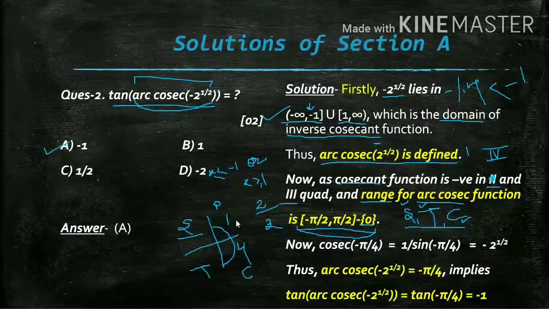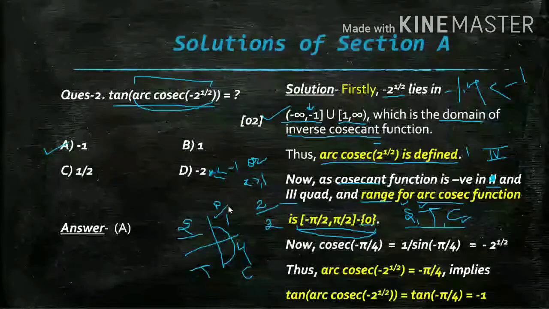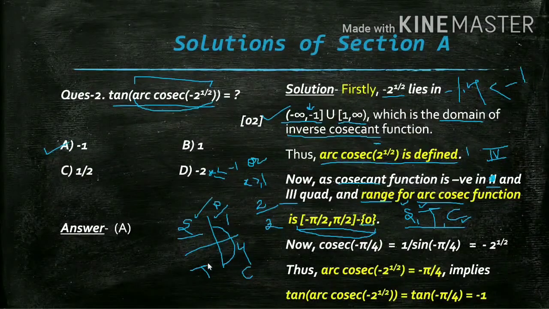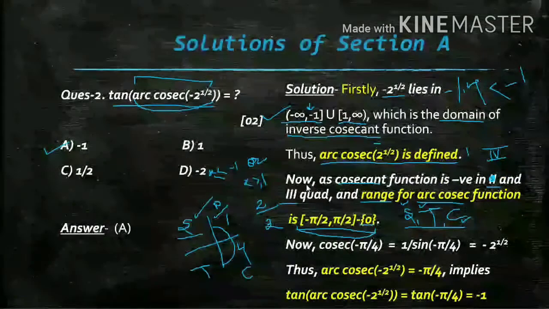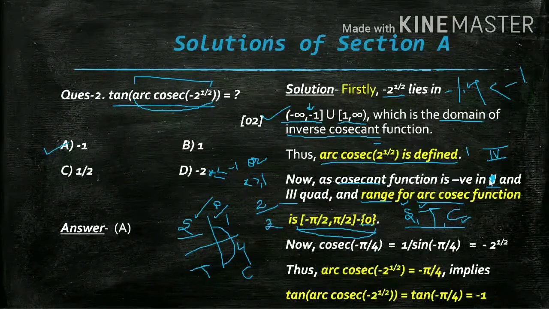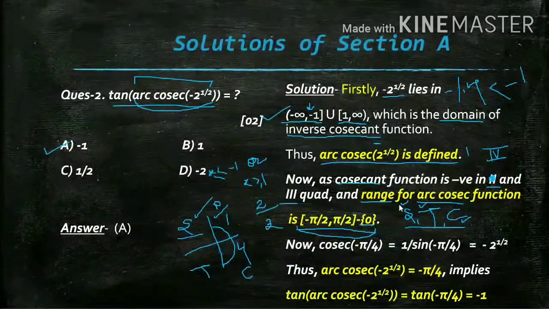Cosec is nothing but 1 upon sine. So wherever sine is positive, cosec is also positive. Sine is positive in the first and the second quadrant and negative in the rest, so cosec is also the same. So the cosecant function is negative in the fourth and third, not in second and third. Sorry, this is a mistake. So you write that the cosecant function is negative in the third and the fourth quadrant.